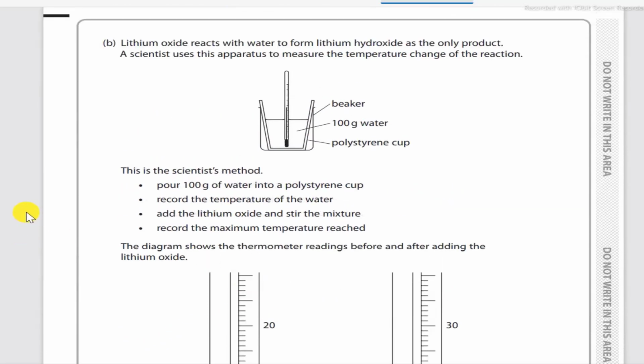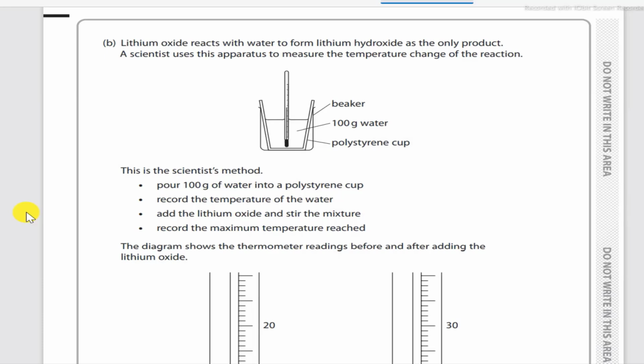Question B. Lithium oxide reacts with water to form lithium hydroxide as the only product. A scientist uses this apparatus to measure the temperature changes of the reaction: a beaker, 100 grams of water, a polystyrene cup, and a thermometer.